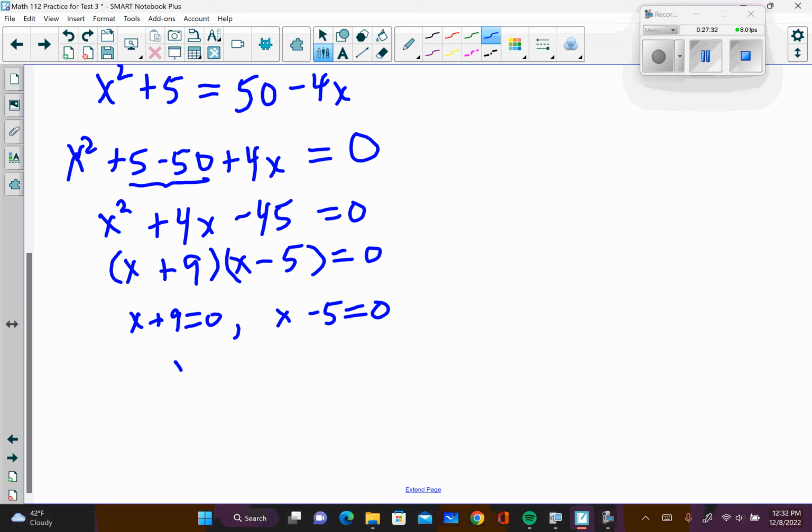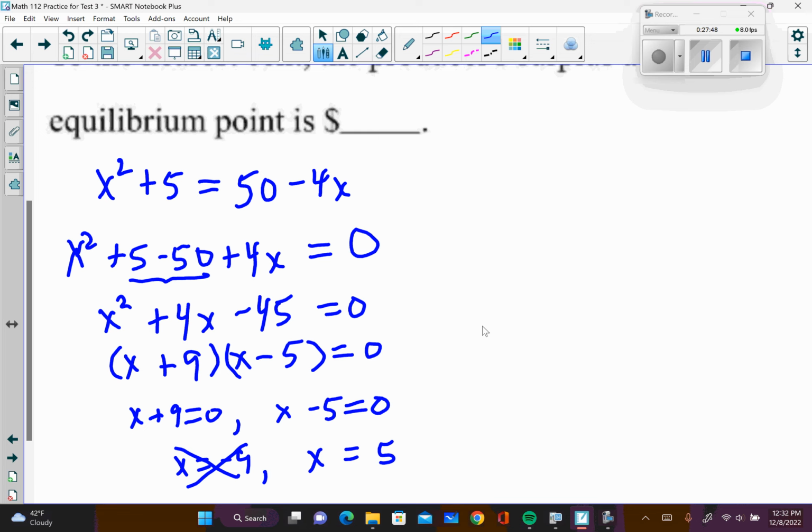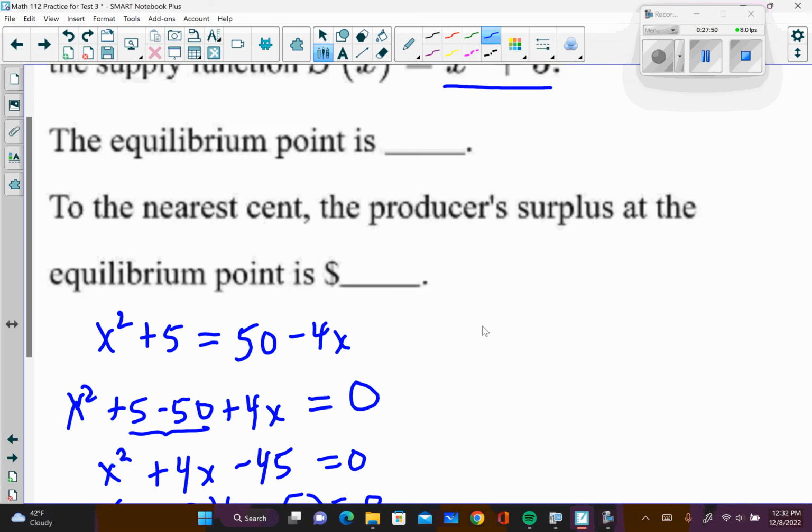So this equation is true when x is negative 9, or when x is positive 5. The negative number doesn't make sense. Nobody produces a negative number of anything. So the equilibrium point is when x is 5.